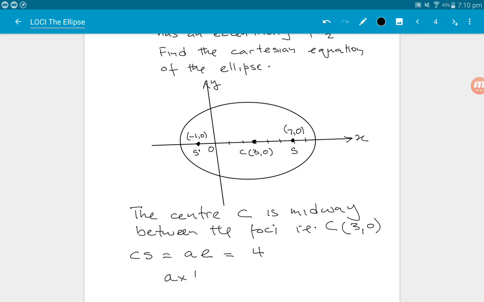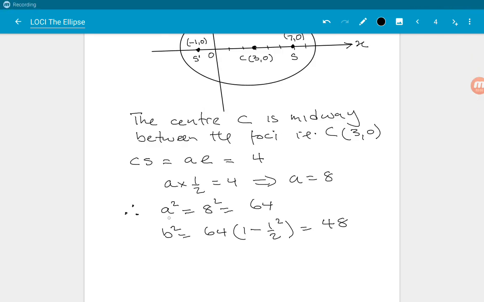So a times 1/2 is equal to 4, which tells me that a is equal to 8. So a squared equals 64, and b squared is equal to 64 times (1 minus a half squared), which is equal to 48.